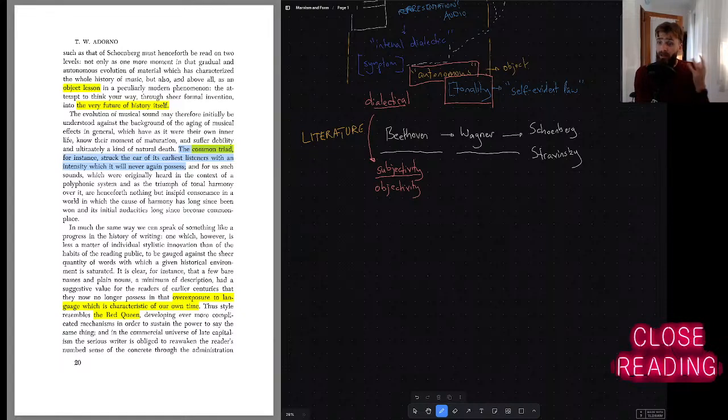So the claim is that when Beethoven was composing and introducing these works with a tonal center, it had a different kind of historical signification and social signification than it does to us today, and than it would to contemporaries of Wagner or contemporaries of Stravinsky and Schoenberg.